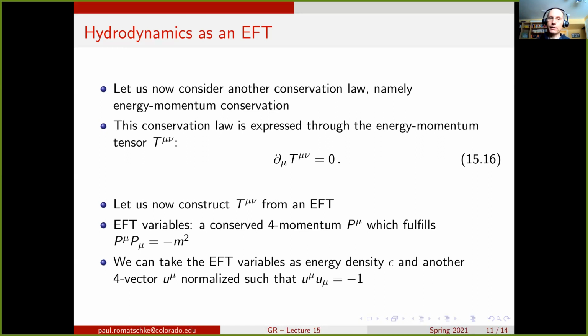In principle, we could try to do something similar for stuff that is light-like, so fields, then u^μ u_μ would be 0, but that's a more exotic treatment. For the lecture here, what we are trying to do is come up with an expression for the energy-momentum tensor of ordinary matter.